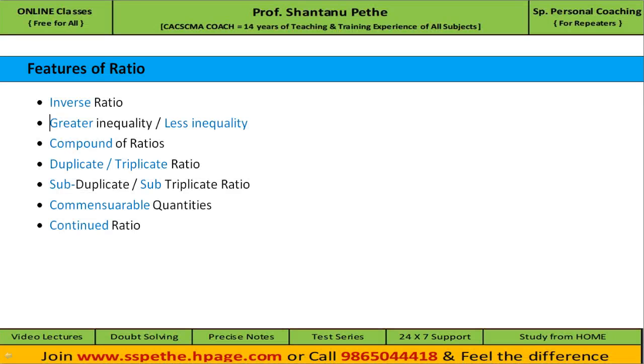सेकंड थिंग यू हैव टू अंडरस्टैंड ग्रेटर इनइक्वालिटी और लेस इनइक्वालिटी. इफ इन अ रेशियो A/B, A इज ग्रेटर देन B, तो इसको हम बोलेंगे ग्रेटर इनइक्वालिटी.